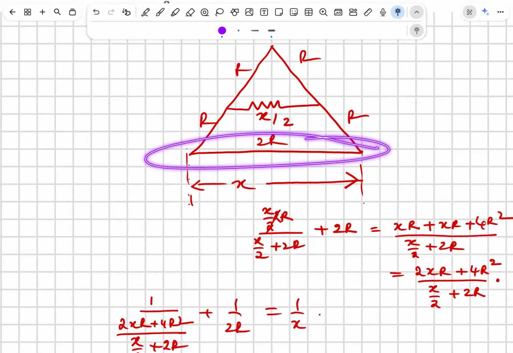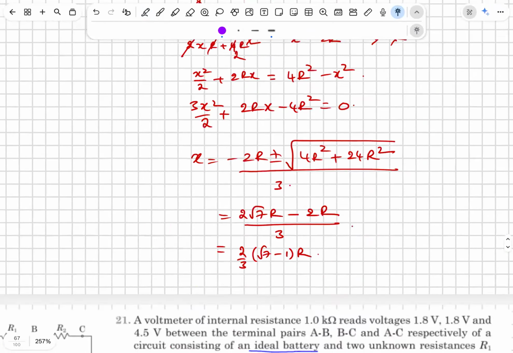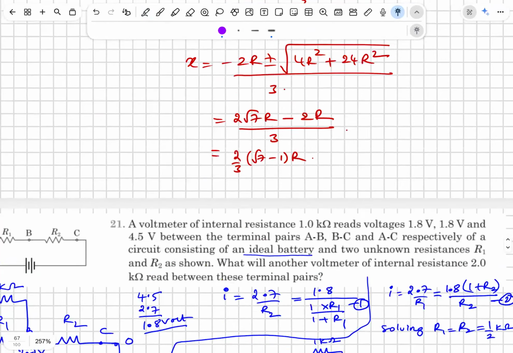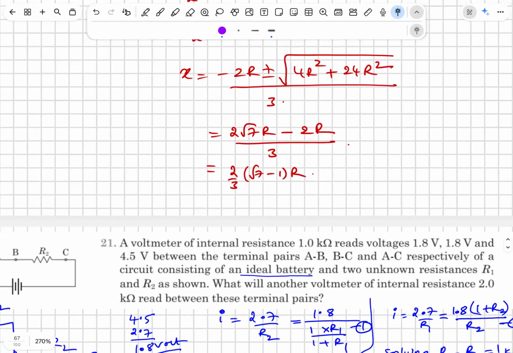You took the entire thing as R. I took this portion as 2R. కాబట్టి 2R by 3 times √7 - 1. చాలా స్టాండర్డ్ క్వశ్చన్.